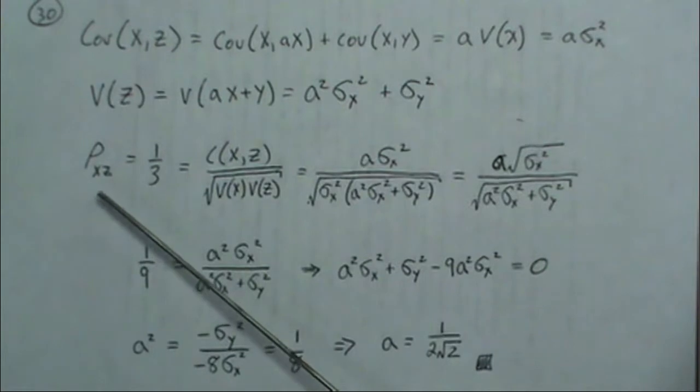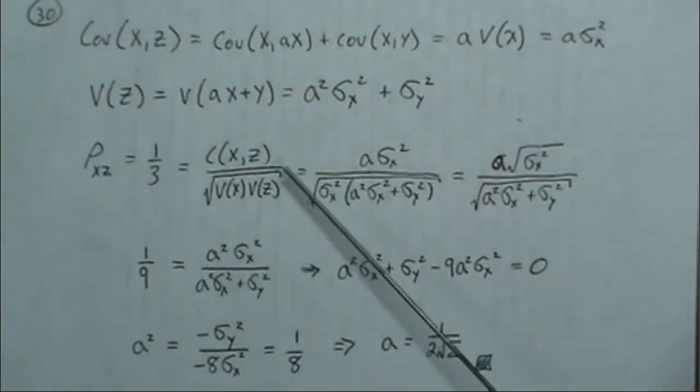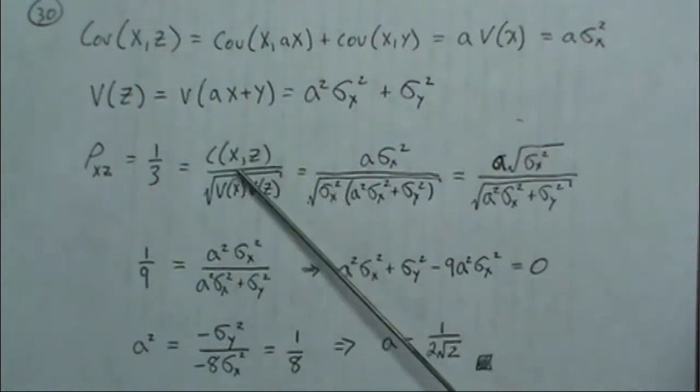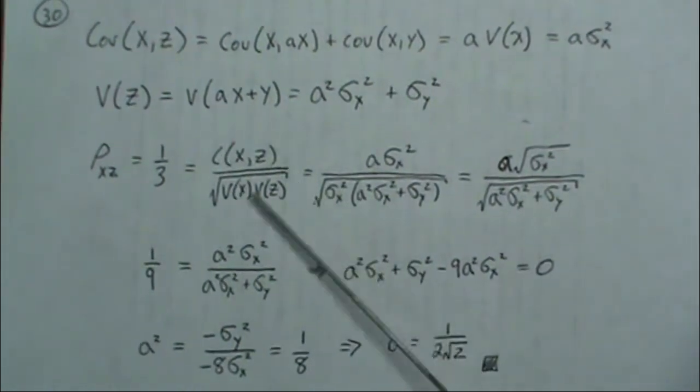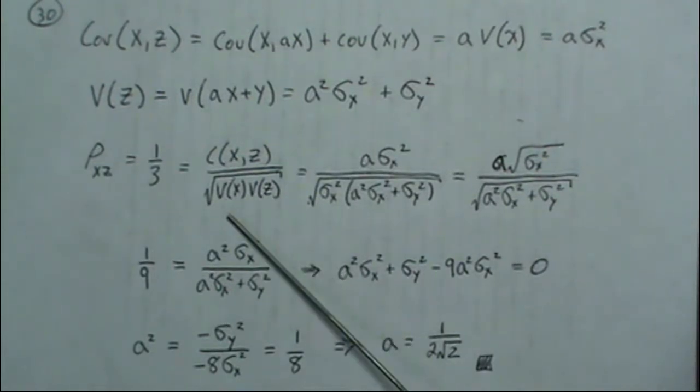Now, the correlation of x and z, which they said was 1/3, is defined to be this: the covariance of the variables divided by the standard deviation of each variable. Well, let's put in the symbols that we have.